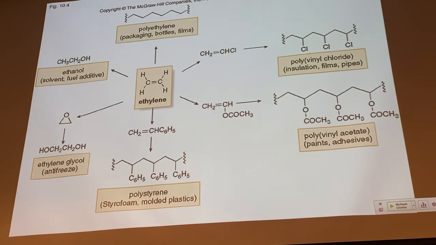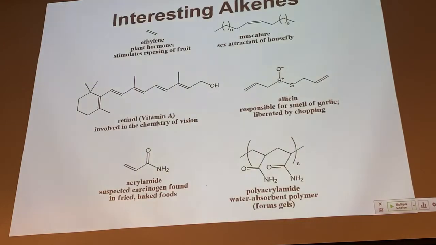Of course, we're trying to get ethanol from renewable sources as opposed to from fossil fuels. Okay, so ethylene, a very important alkene. In addition to coming from crude oil, ethylene is also a plant hormone. So plants will release ethylene, and what that does is stimulate ripening of the fruit.